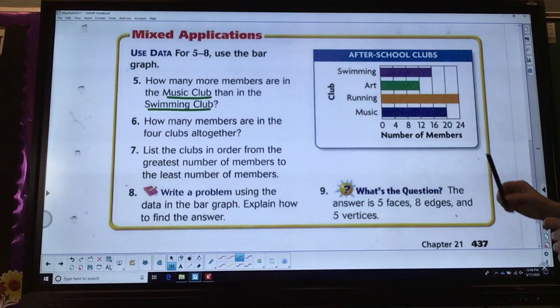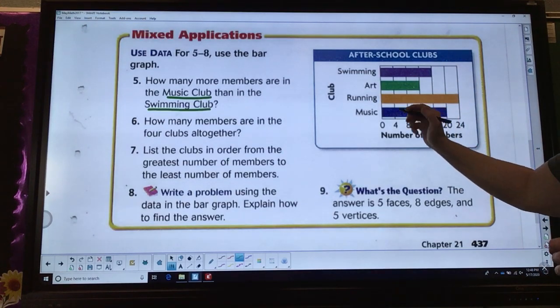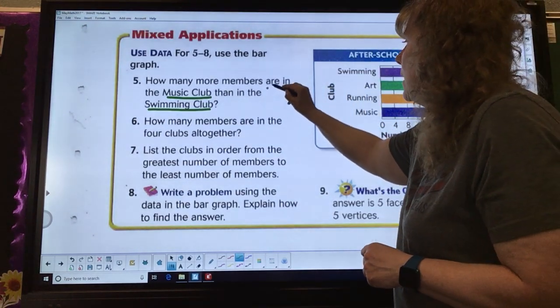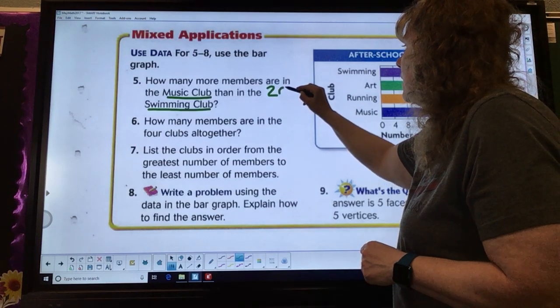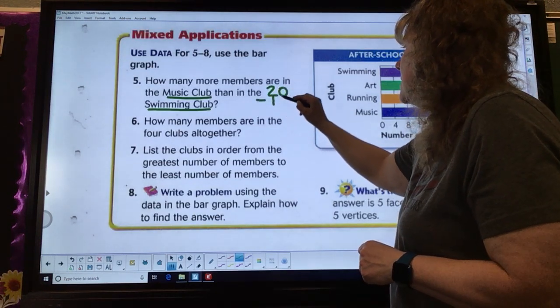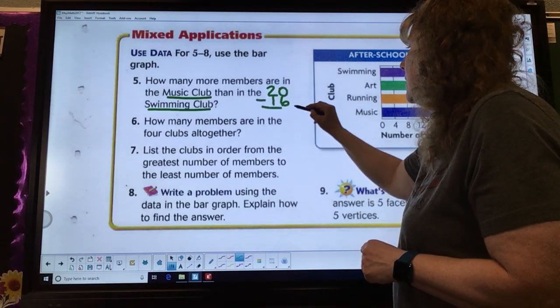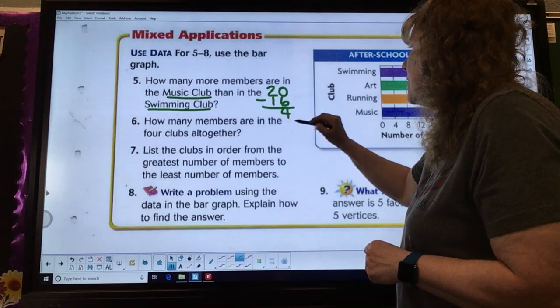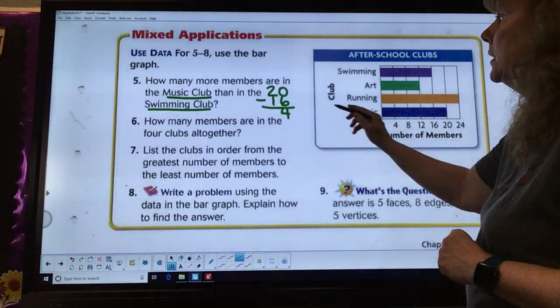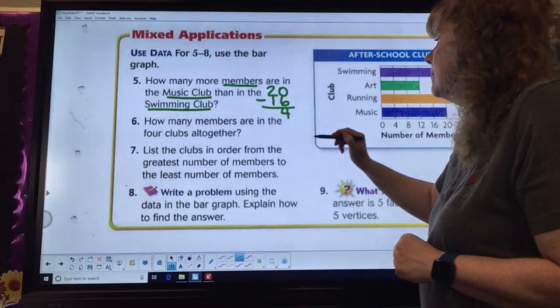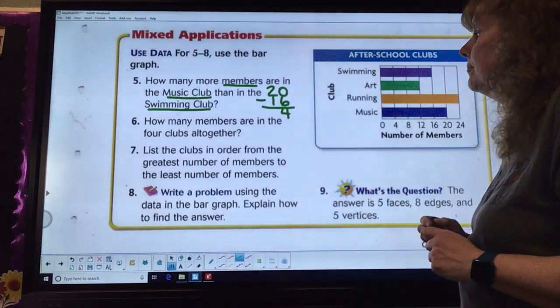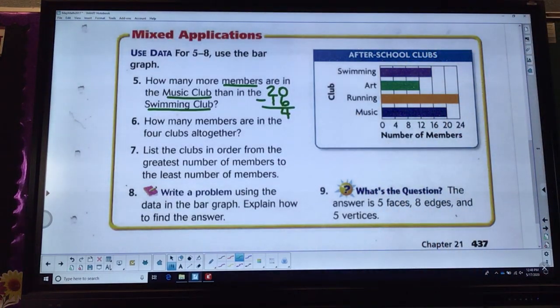And the swimming, we have 16. So if I'm comparing them, I'm going to do 20 minus 16, and my answer is 4. And what's my label? Members. The next one says, how many members are in the 4 clubs altogether?